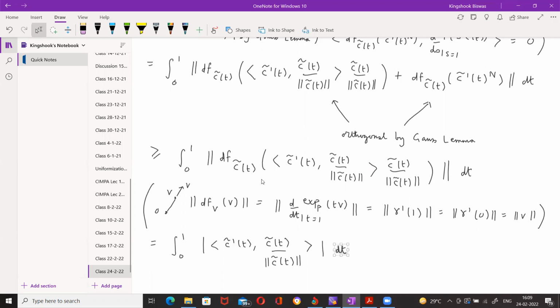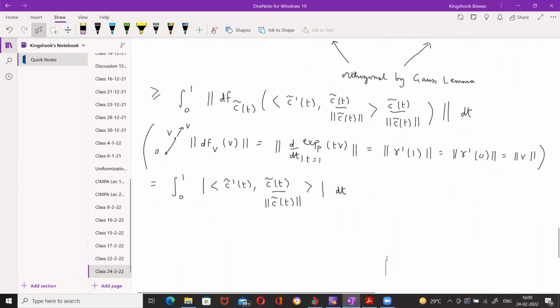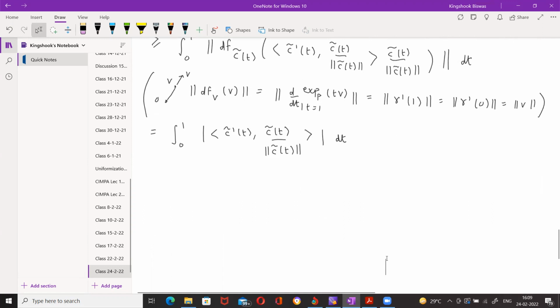And now notice what I have here: this inner product divided by this norm. This is the inner product in the tangent space, since we're working in a vector space.